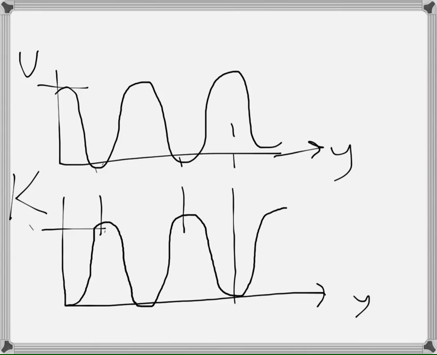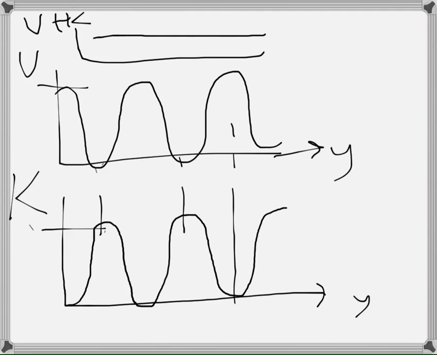In the LabQuest you will also be observing the total energy U plus K, and U plus K is expected to be a straight line because the mechanical energy will be conserved. But somehow in LabQuest you will notice that the total energy is also oscillating, though the oscillations will be less than those of the potential energy or kinetic energy.